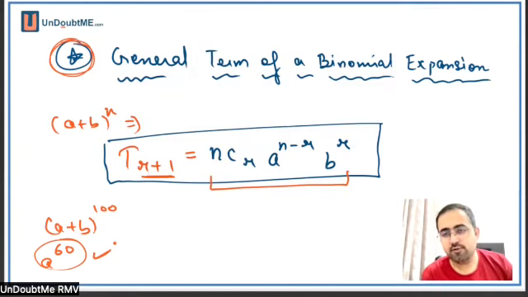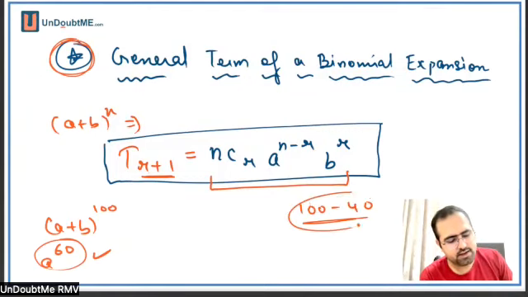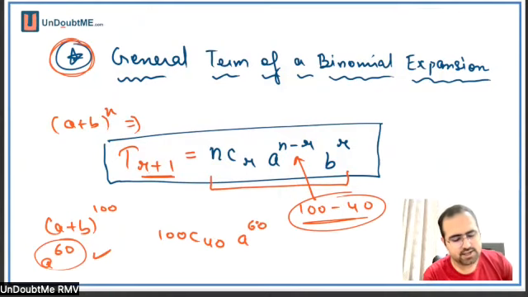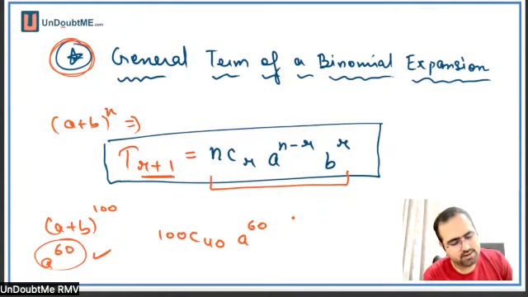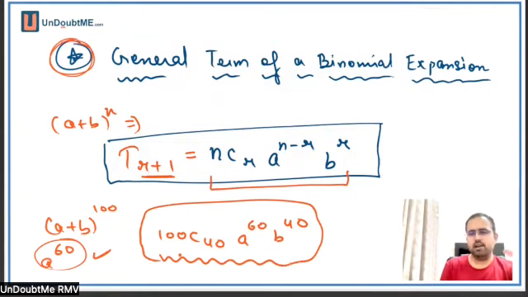If I want to write the term for a to the power 60, I have to make sure that I need to create 100 minus 40. Are you getting it? n minus r is what? The power of a. 100 minus 40 means I have to do 100C40, a to the power 60, b to the power 40. And that is how I can just write the term out of all 101 terms.